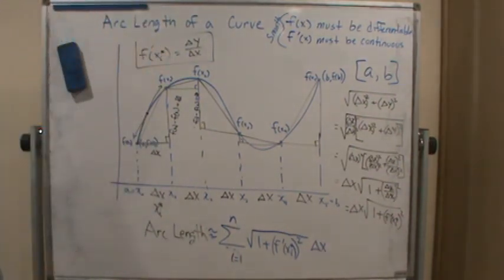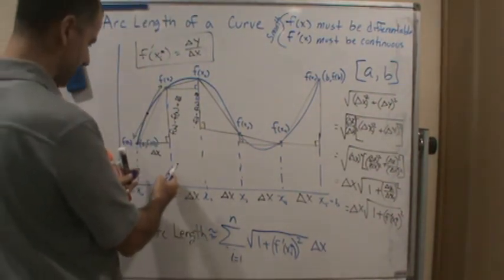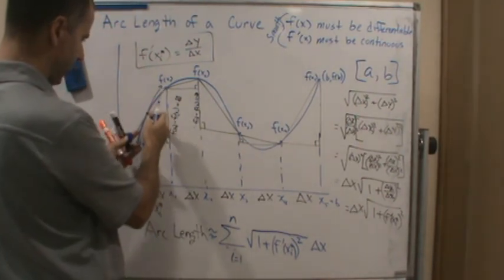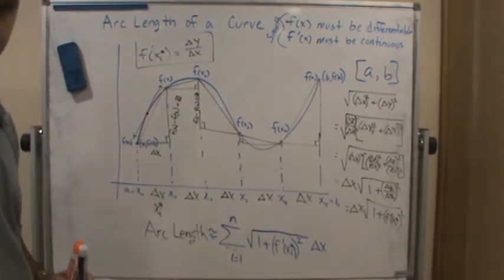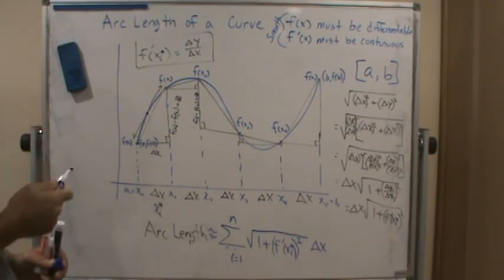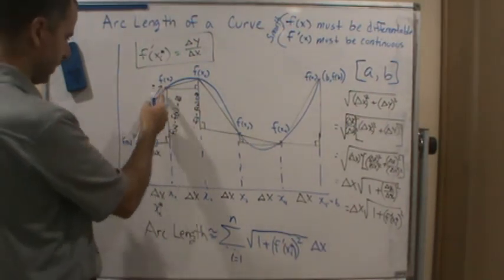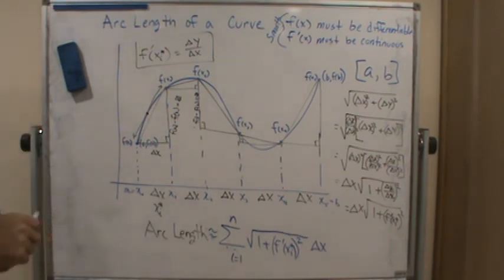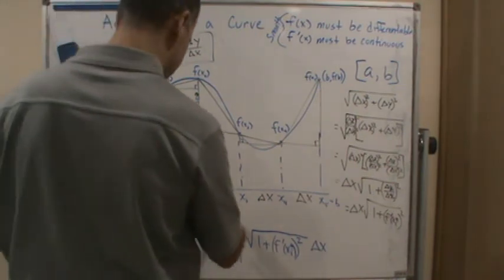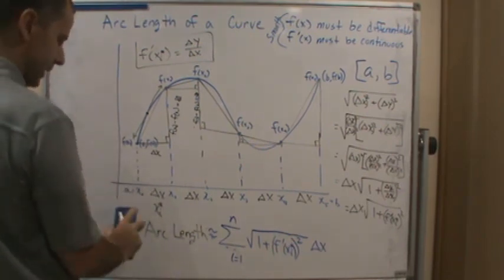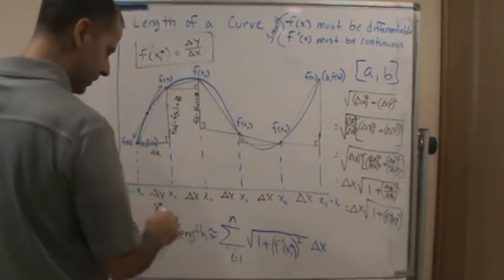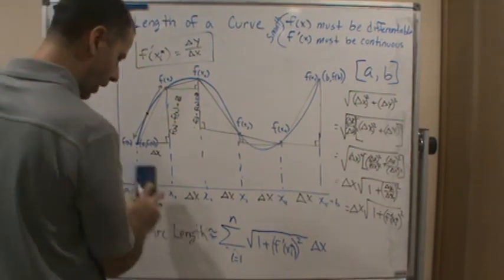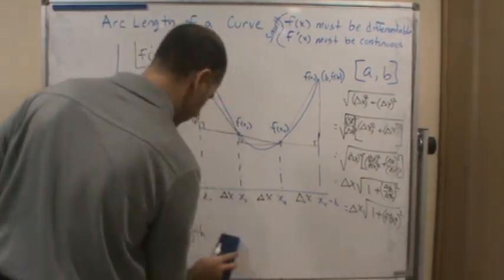But if we want the exact arc length, we subdivide these and start bringing them in closer, and we get a more accurate measurement, because these secants get closer together and we go to infinity with the number of subintervals, just like before. And so what happens is we're going to get the integral. So as n goes to infinity, we take the limit of this.